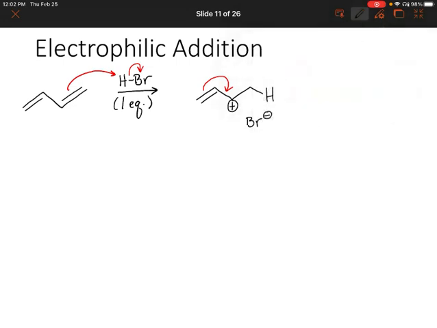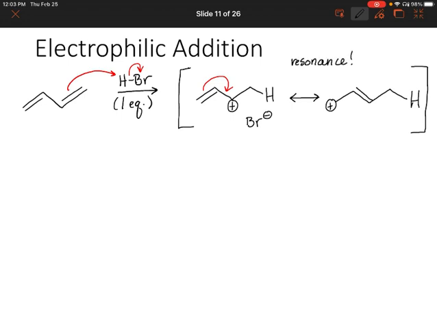Those pi electrons can move over, and the charge on the carbon will be shared with another carbon. And that's actually going to stabilize our molecule. So always remember to look for resonance structures.